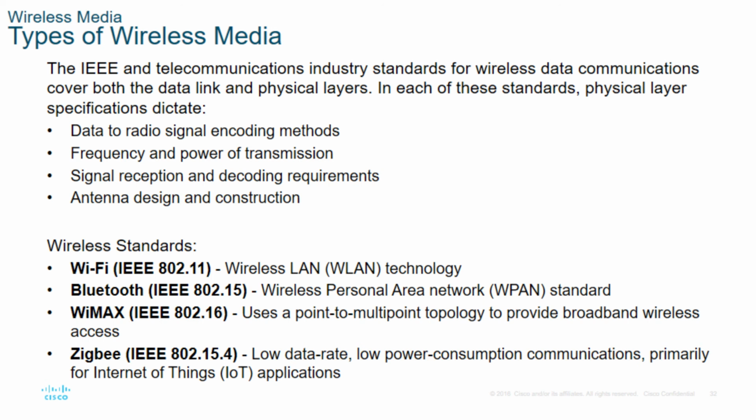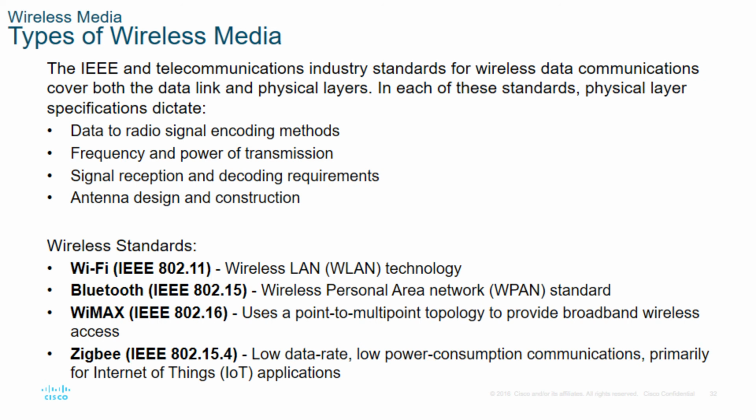The IEEE and telecommunications standards for wireless data communication cover both the data link and physical layers. In each of these standards, physical layer specifications are applied to areas including the following. Number one is data to radio signal encoding. Number two is frequency and power of transmission. Number three is signal reception and decoding requirements.